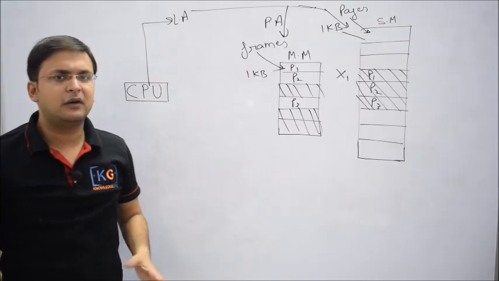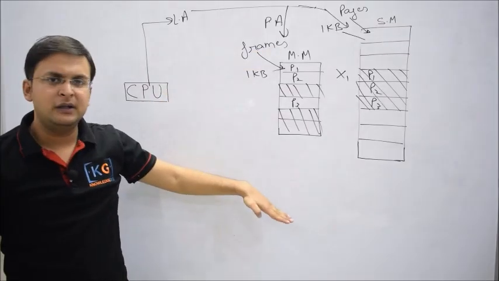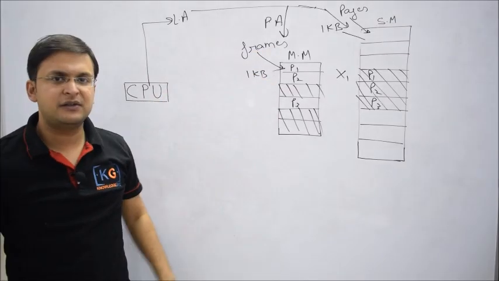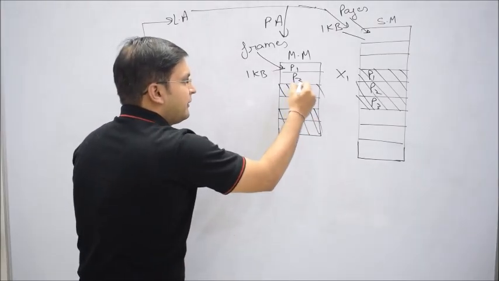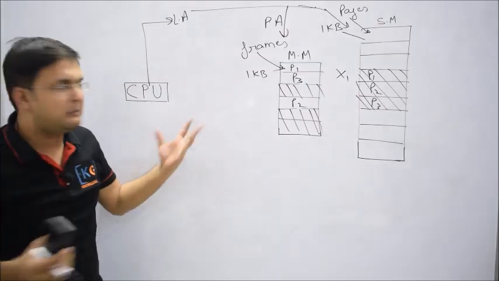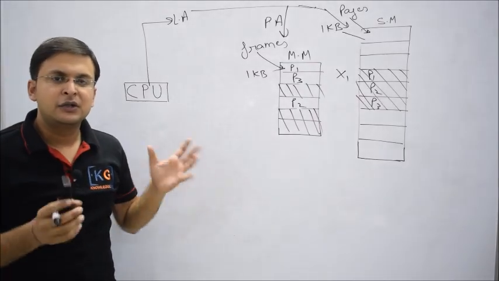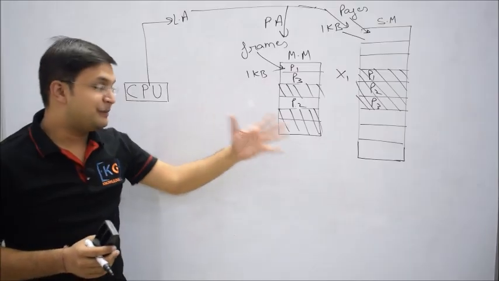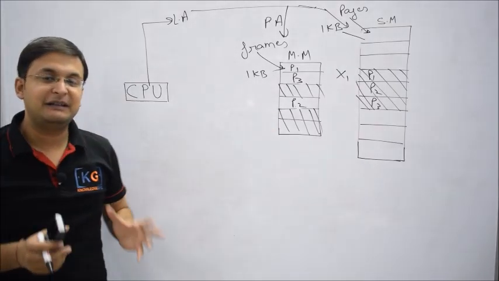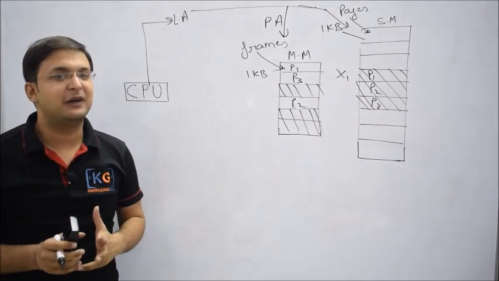Why am I saying so? Because it was a contiguous policy, so you just require the base address. But here there is no ordering among the pages, so page 1 may be anywhere, page 2 may be anywhere. So how will we find out the address of the pages in non-contiguous allocation policy? That will be a very difficult point to answer.